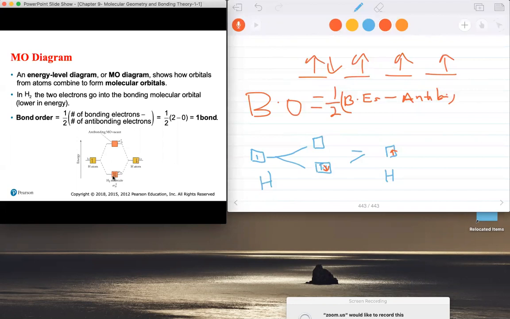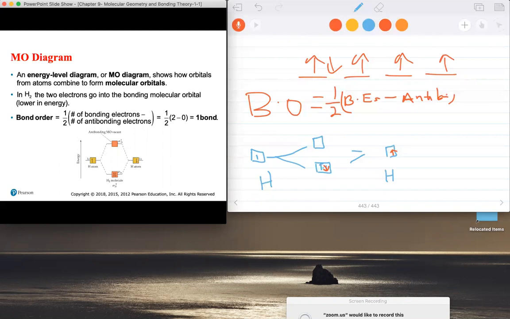If you don't indicate that, you will mess up the calculation of the number of bonding and antibonding electrons. Electrons occupying the top part are said to be antibonding, and you count how many of them, not how many pairs. So in this equation it is half of 2, we have 2 electrons down here, minus 0, we don't have anything here. And this bond order tells us that it forms 1 bond.